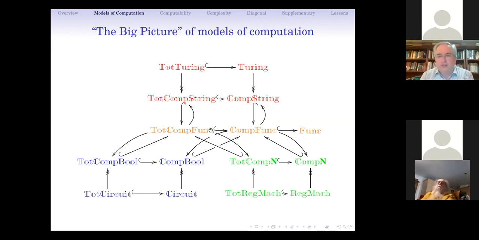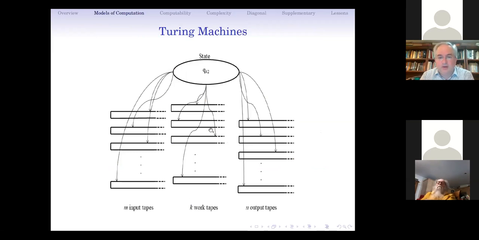Okay, good. So let's talk about Turing machines. I'm assuming you know what a Turing machine is. You have input tapes. Usually a Turing machine is done with one tape, and we'll talk about that in a second. But here you can have m input tapes, n output tapes, and k work tapes.